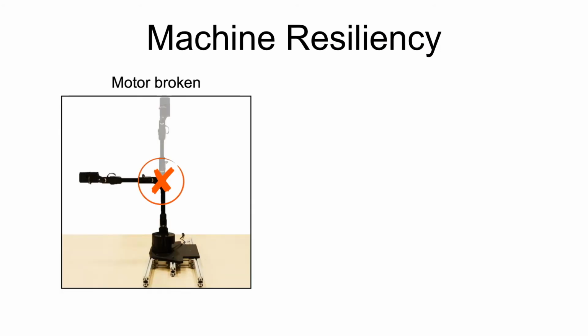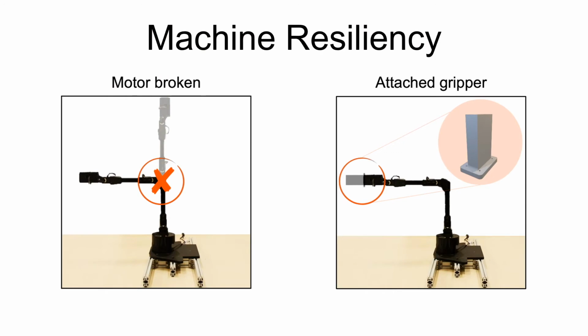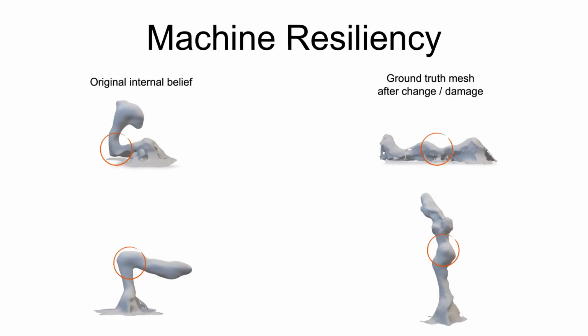Furthermore, when there are real-world damages or changes on the robot body, such as broken motors or changed topologies, our visual self-model can first detect the change, identify the specific type of the change, and then recover from the change. Here, our visual self-model identified the damage where the second motor was broken and the corresponding joint always stayed straight.